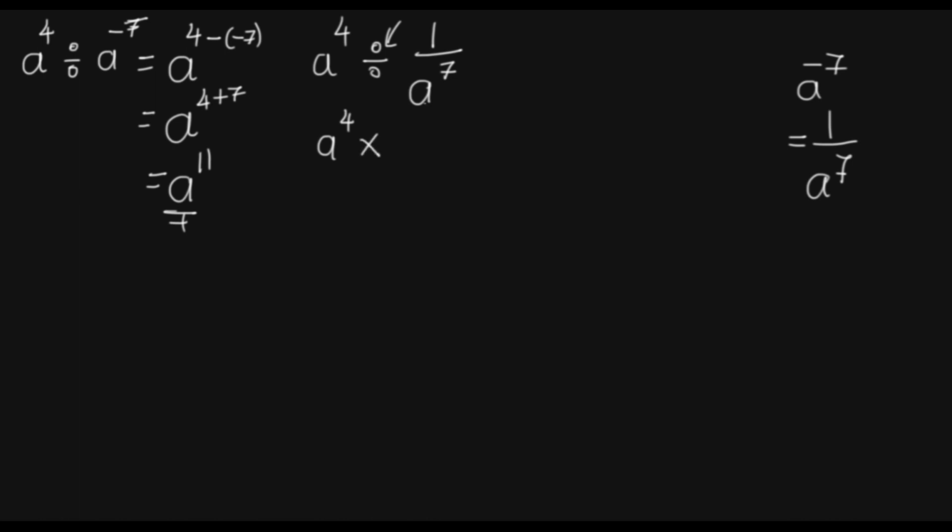And when we do this, we know that now the denominator will go on top, the numerator will go on the denominator part. So we are going to have a to the power 7 over 1, which is just the same as a to the power 7. So you can see that we can now apply the law of indices for multiplication, where we can add the indices. So we can say 4 plus 7, which still gives us 11.